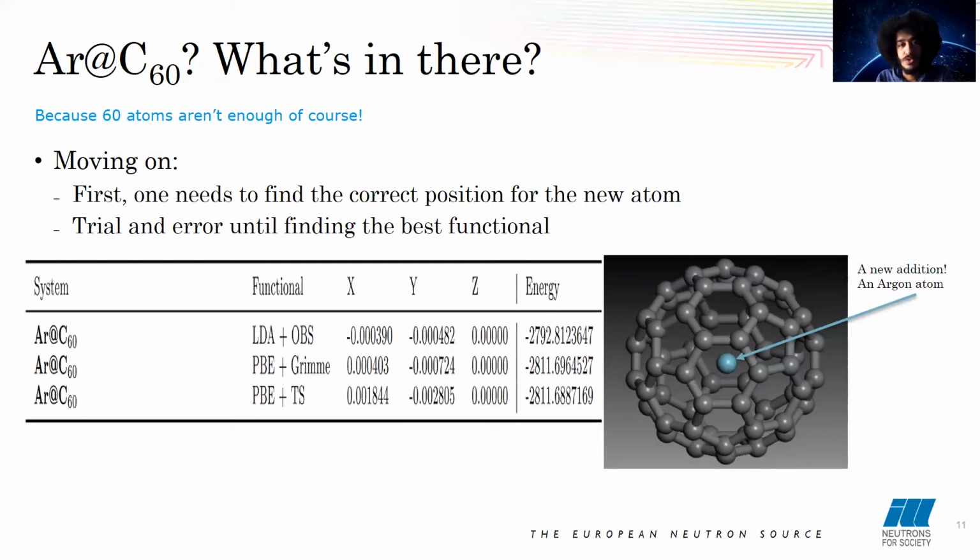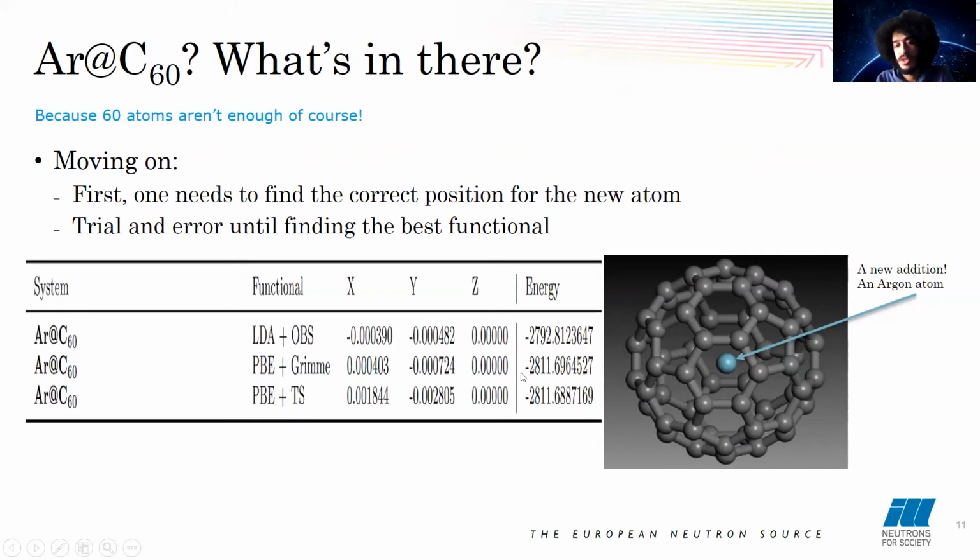So moving on to argon inside C60, the first thing one has to do before calculating any vibrational spectra or anything is to optimize the structure. And to optimize the structure, I've used different functionals for my DFT calculations, whether they're LDA-based functionals or GGA-based functionals, and with the addition of van der Waals interactions.